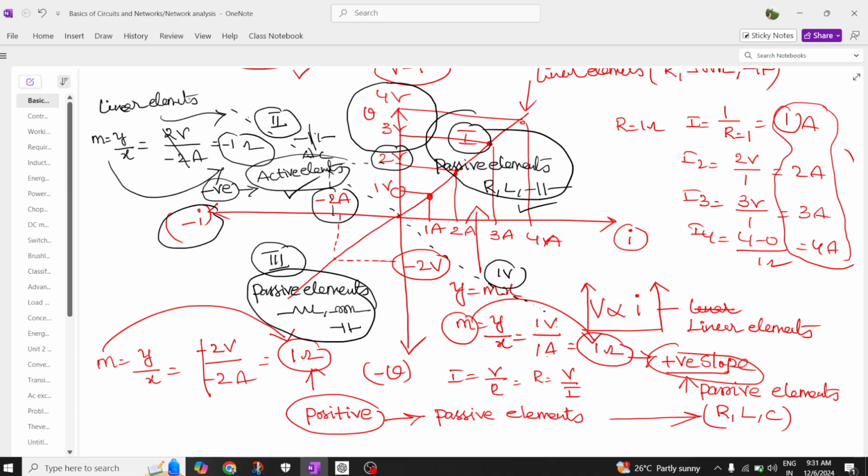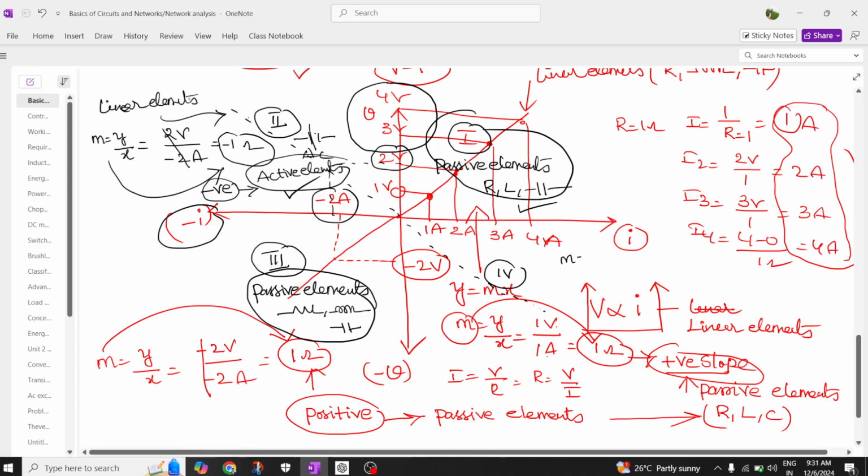So in this quadrant if you find the slope, M is equal to y by x. Consider these two parameters. What is the y coordinate? Minus 2 volts, but current is positive here, 2 amperes. So voltage by current is nothing but minus 1 ohm.